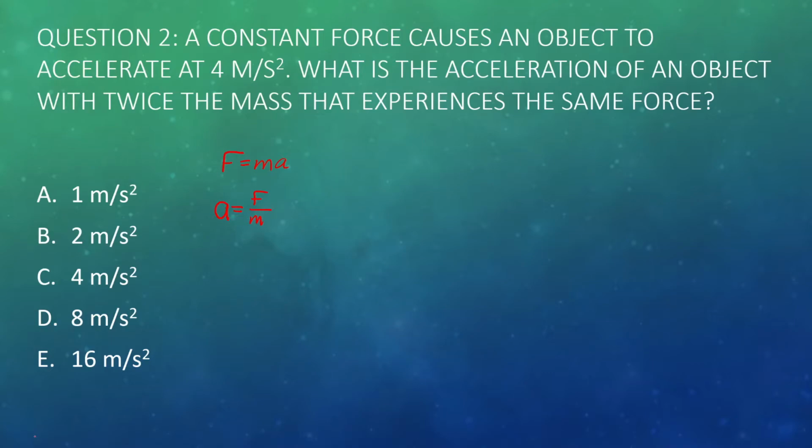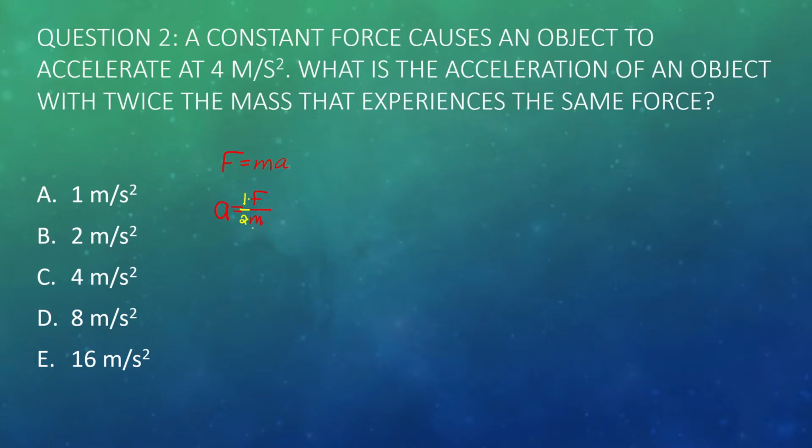Well, what we've done is, in this problem, it says that we are going to double the mass, right? So it says it has twice the mass. So what we're basically doing is doubling the mass. So multiply by 2 down here. But it has the same force, so 1. So we're keeping the same force.